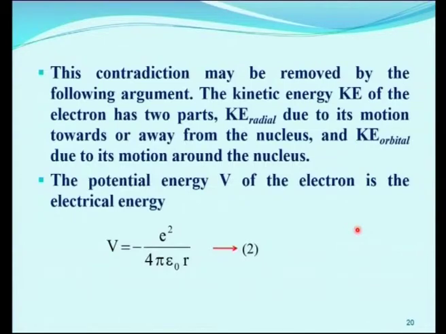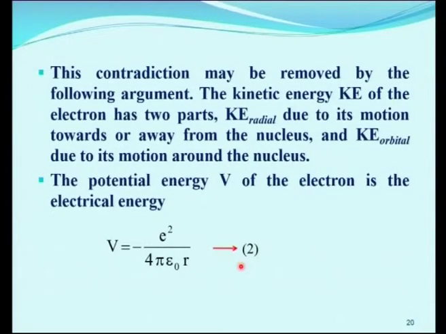The kinetic energy of the electron has two parts, one a radial part and another an orbital part. The potential energy of the electron is electrical energy. Previously we have seen the potential energy; now we replace it in terms of electrical energy. So V is equal to minus e² by 4πε₀r, which is equation number 2.